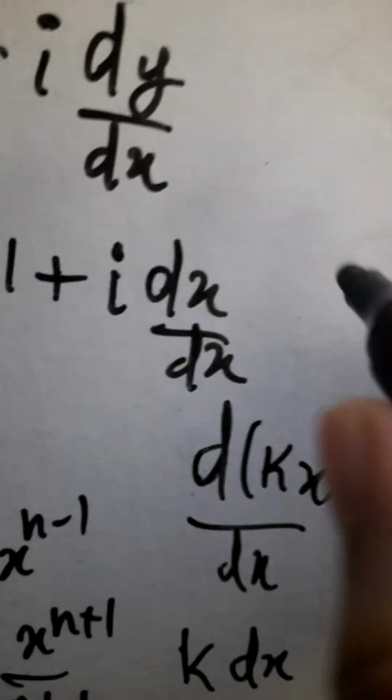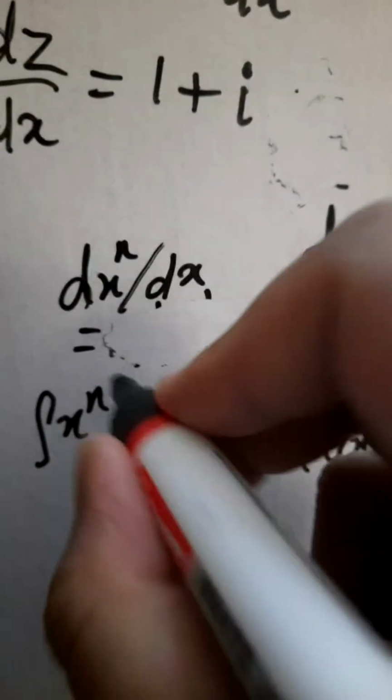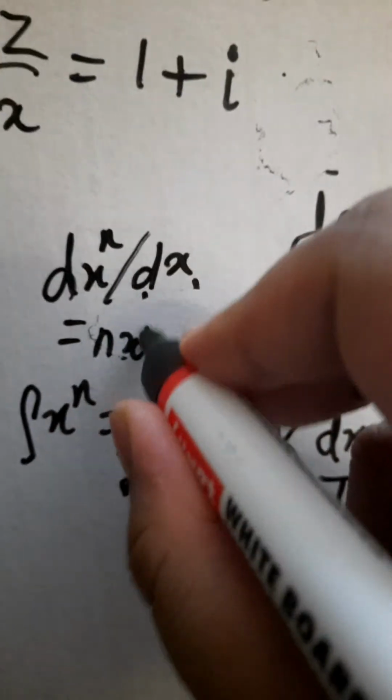dx by dx is, let me show you, by this formula. By the way, this is not exactly how we write it, d of x raised to n by dx, okay, this became way more messy. Now I have to write here n x raised to n minus 1. Here we go.